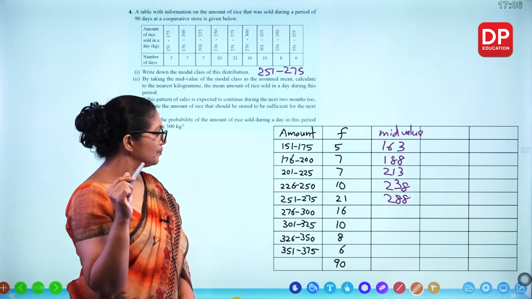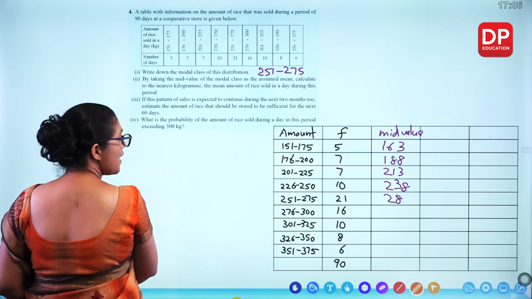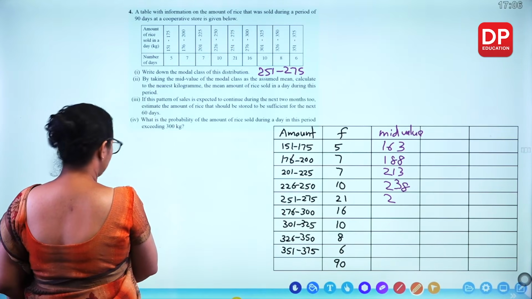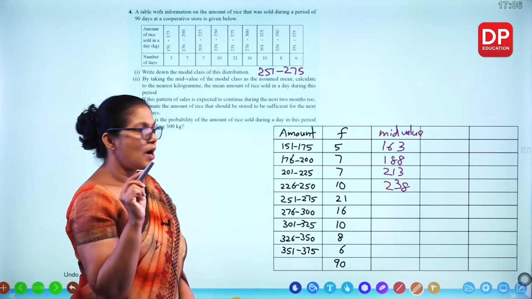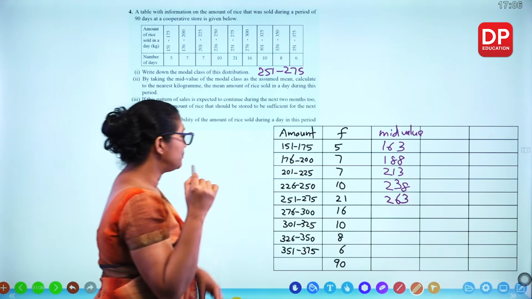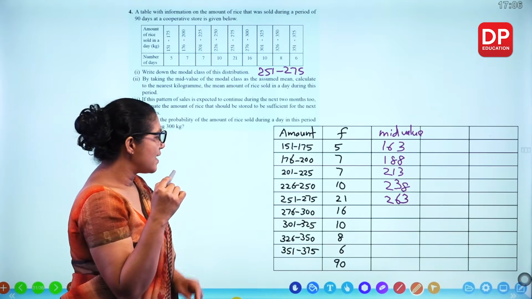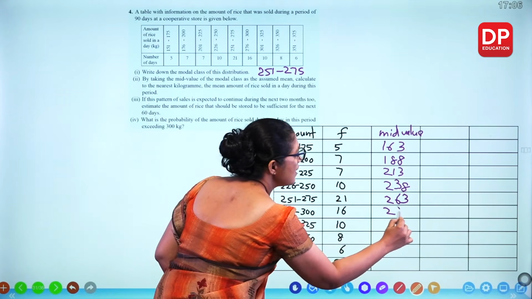This one cannot be 288 here. That's more than that. What's the number? 263. This one, 276 and 300 in between, 288.